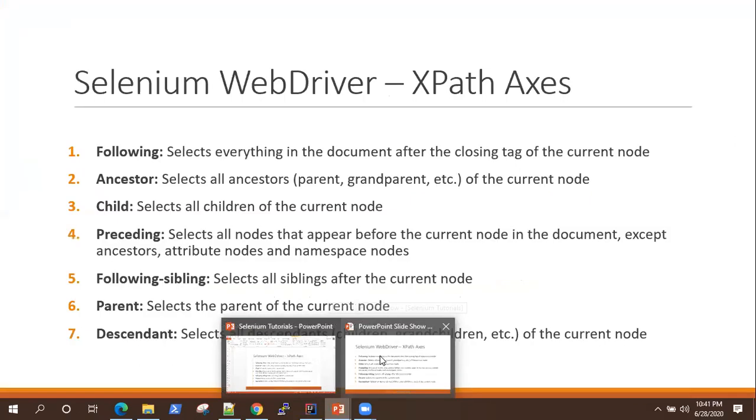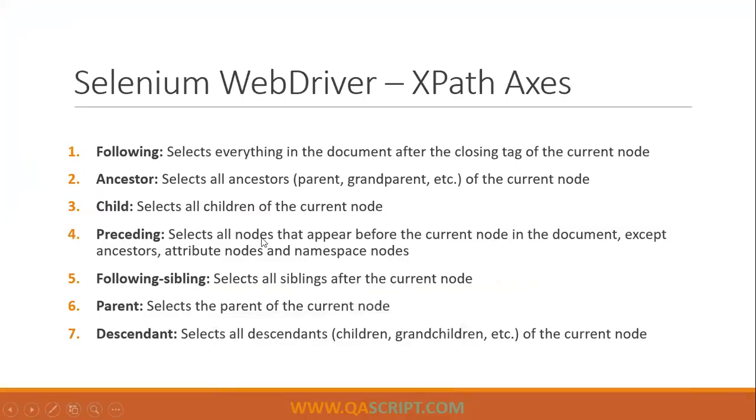Okay, so moving on. Now we need to see preceding, right? Preceding selects all the nodes that appear before your current node or element, right? But it doesn't take into consideration ancestors, attribute nodes, or namespace nodes.